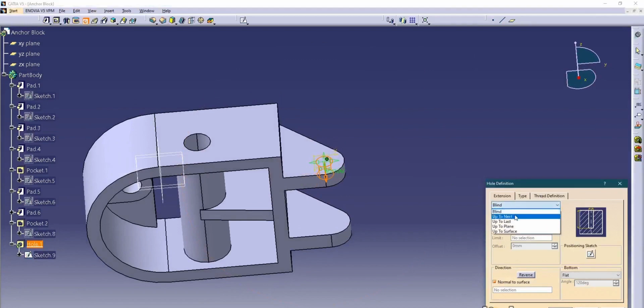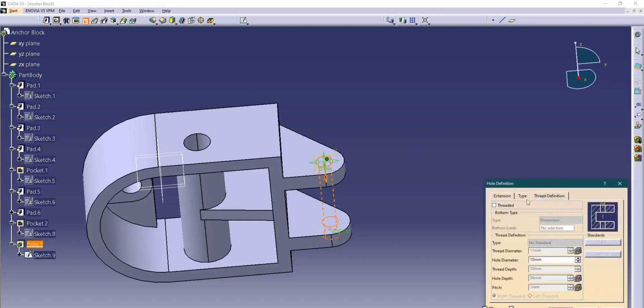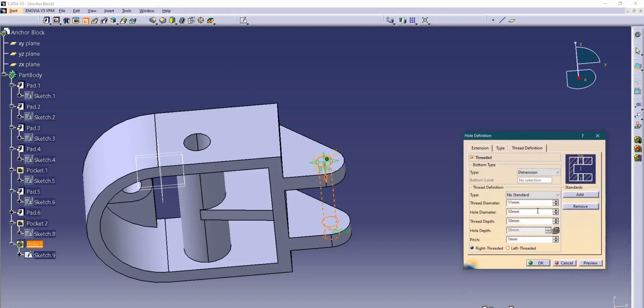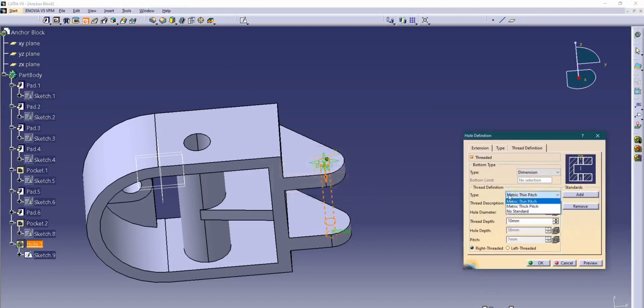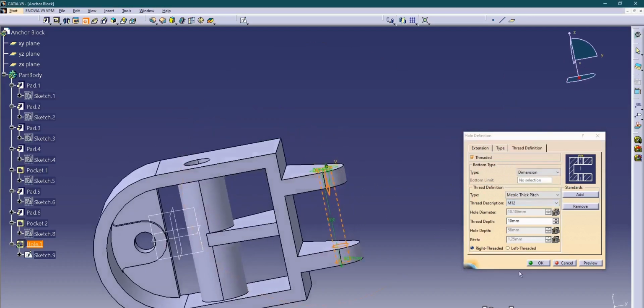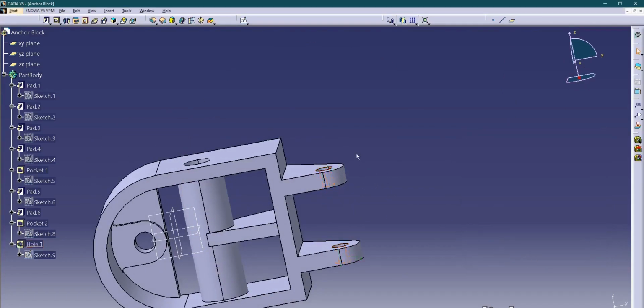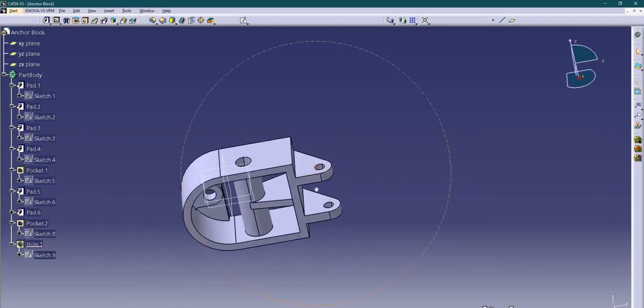The extension would be up to last, and let's define the thread of metric thick pitch M12. Okay.